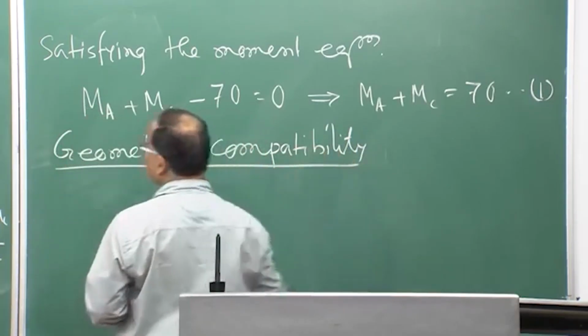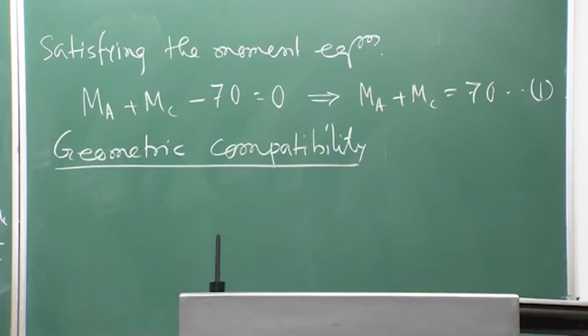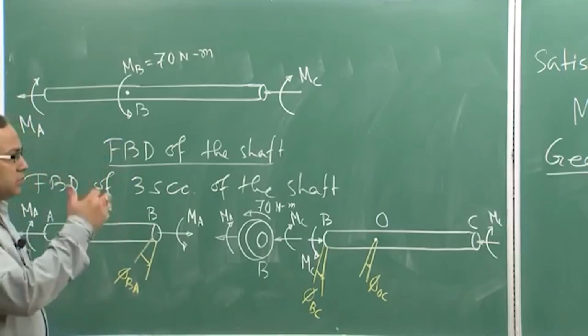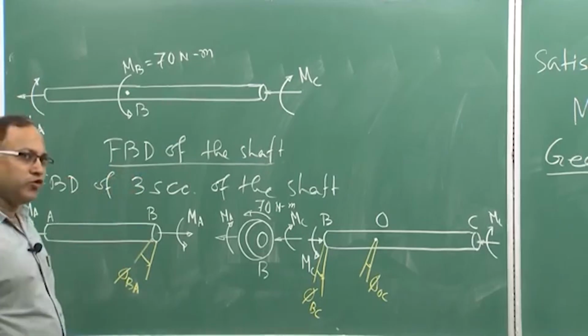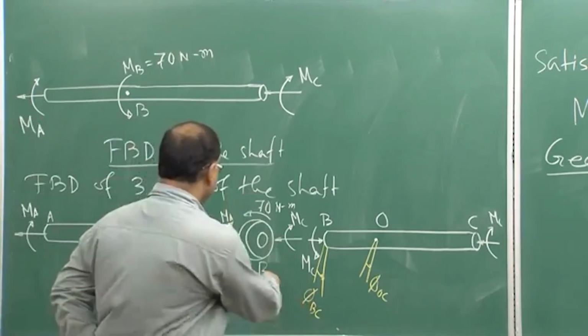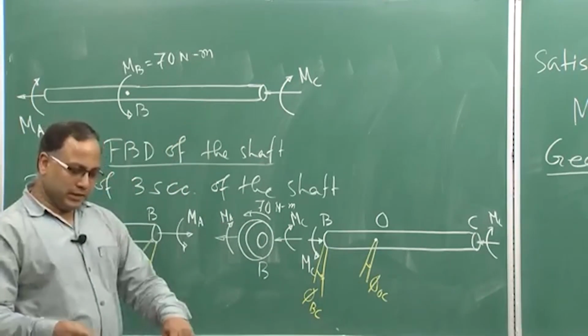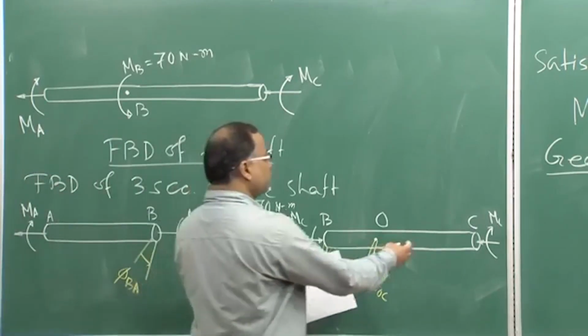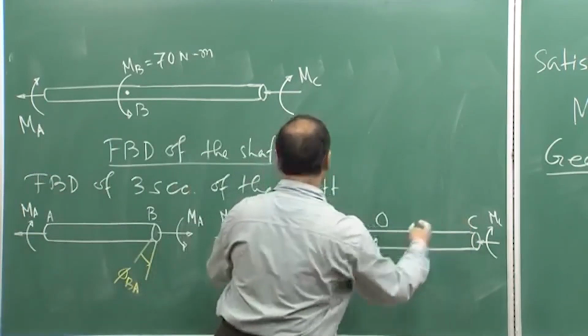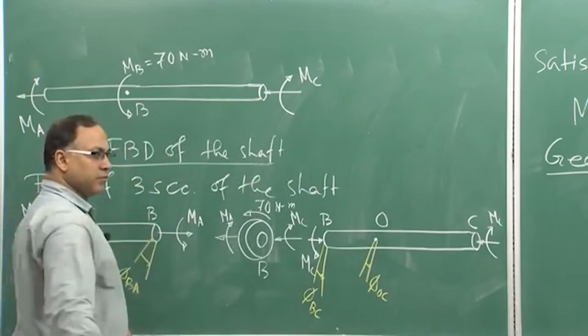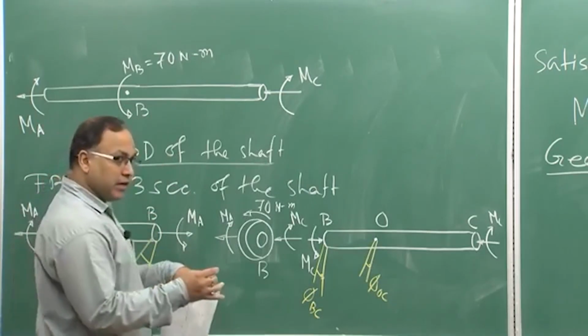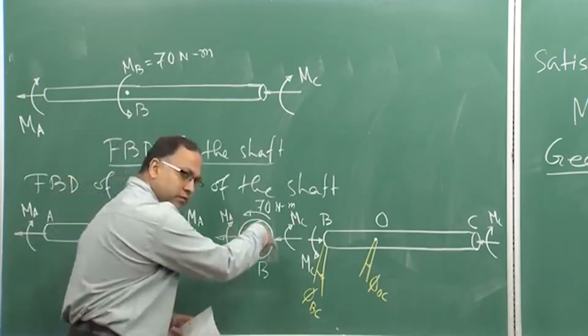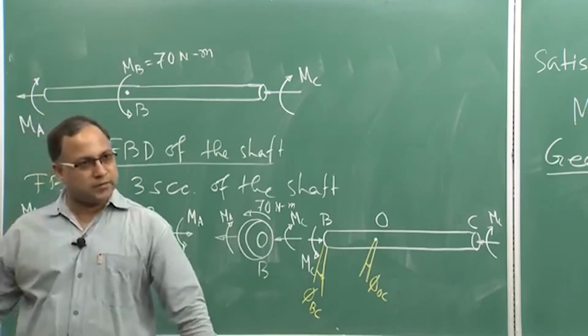What is the possible geometric compatibility, what you can think of? Now if you go back to the actual figure, basically that wheel is the connector between these two parts, part BC and part AB, both are getting connected through this wheel, yes or no? Yes.